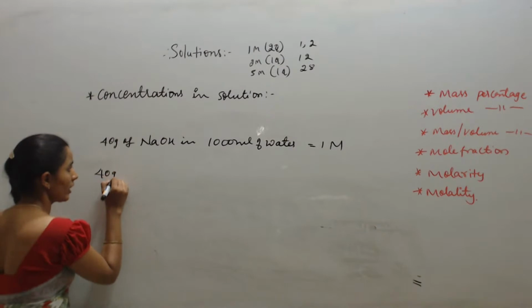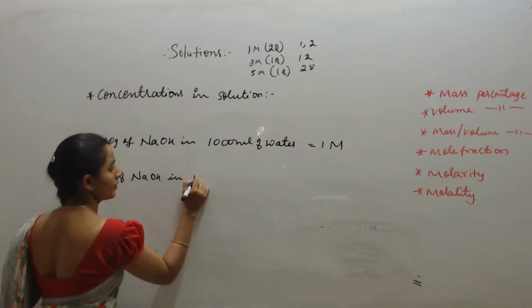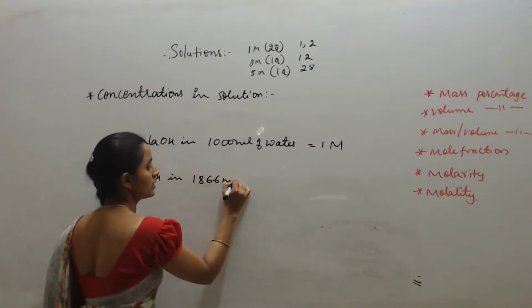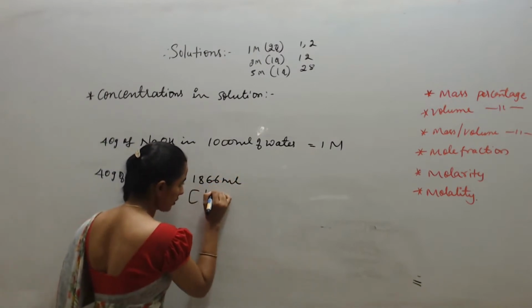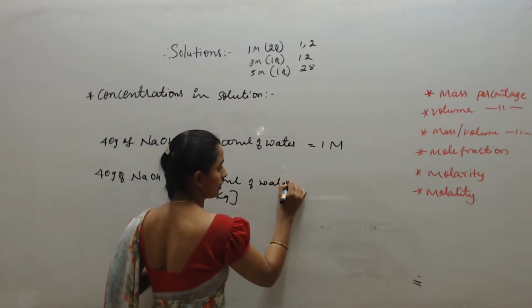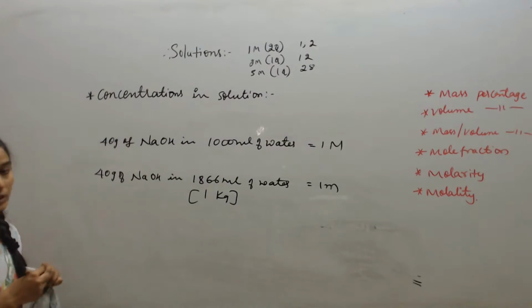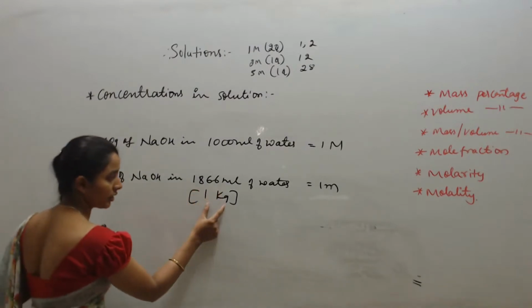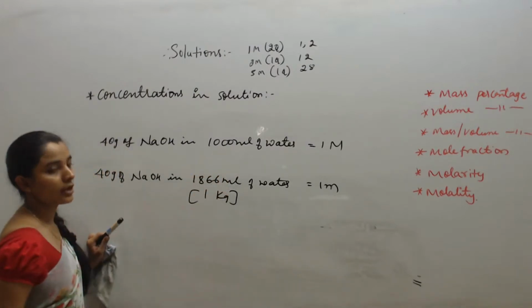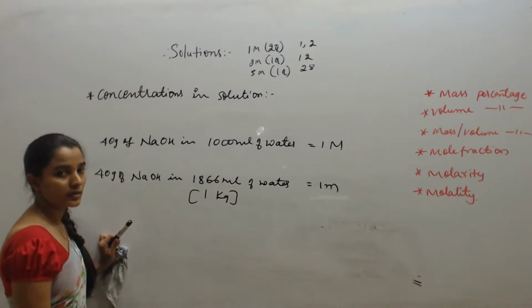So 40 gram of NaOH in 1866 ml, so this is how much? 1 kg of water. That is 1 mole. I hope you understood the difference. Here we are considering kg, here we are considering ml. ml and kg are somewhat different concentration terms.